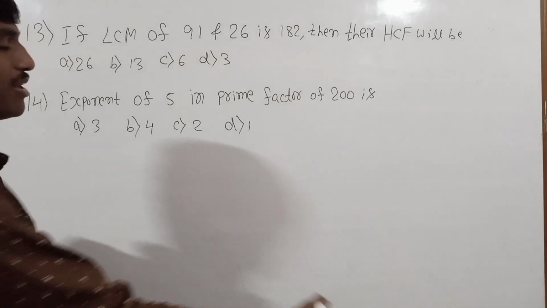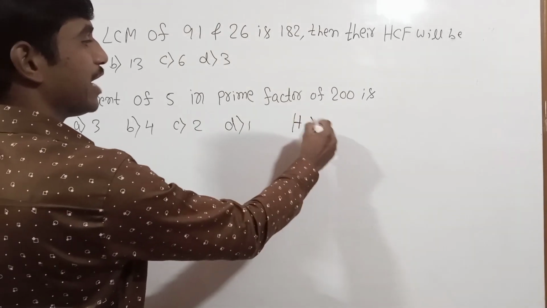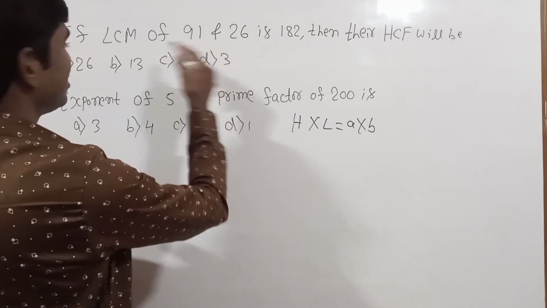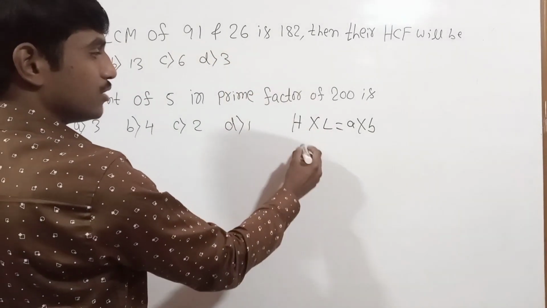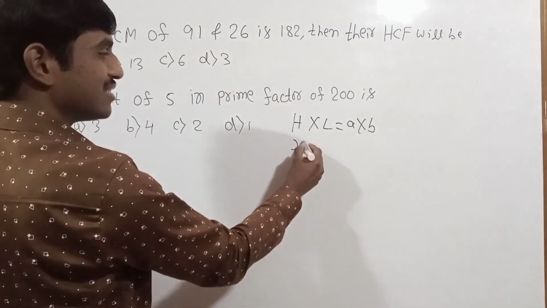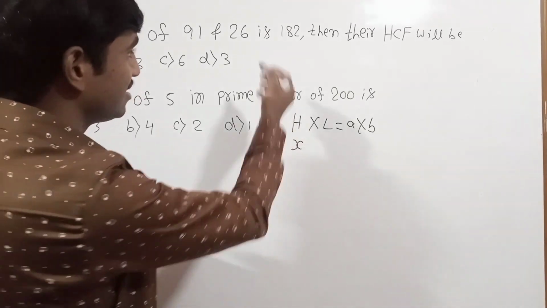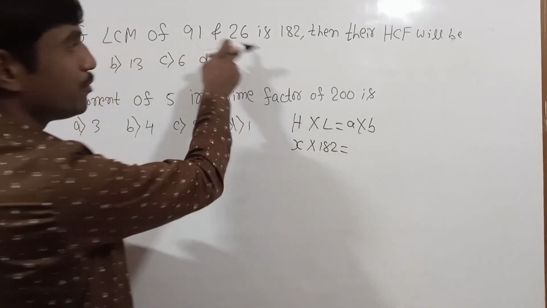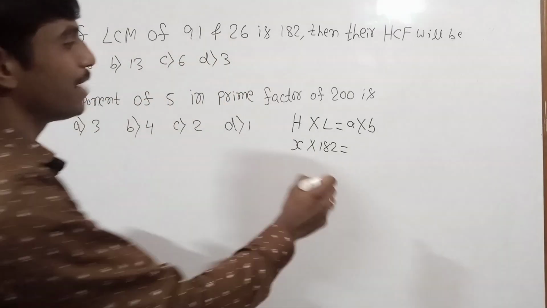So we'll use the same formula, that is HCF into LCM will be equal to the product of two numbers. The LCM they have given as 182. So the HCF I'll write as X, that we need to find, and the LCM is 182, which is equal to A into B, where A is 91 and B is 26.